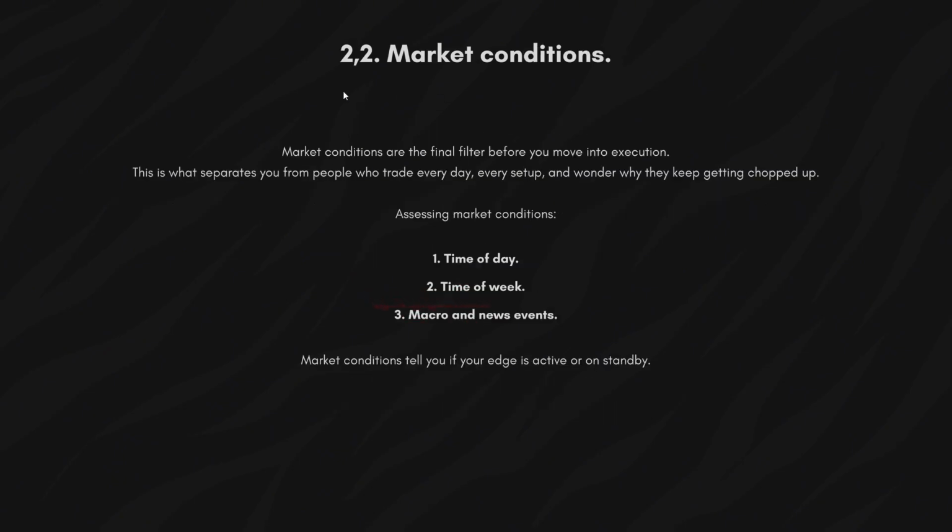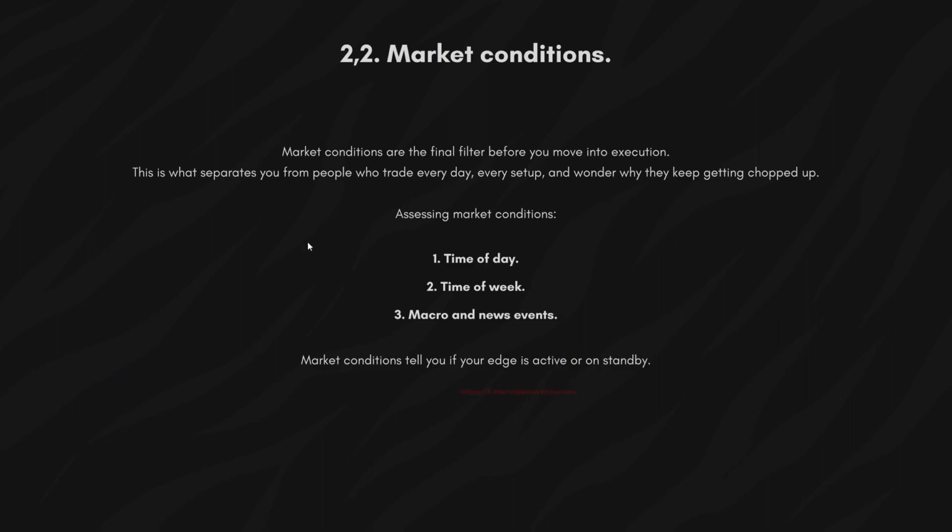And then we have the final component, which is market conditions. This component is also really important because it acts as your final filter, your last filter before you move into execution. And this is also what separates disciplined traders from people who trade every candle, every setup, every pattern, and then wonder why they keep getting chopped up.